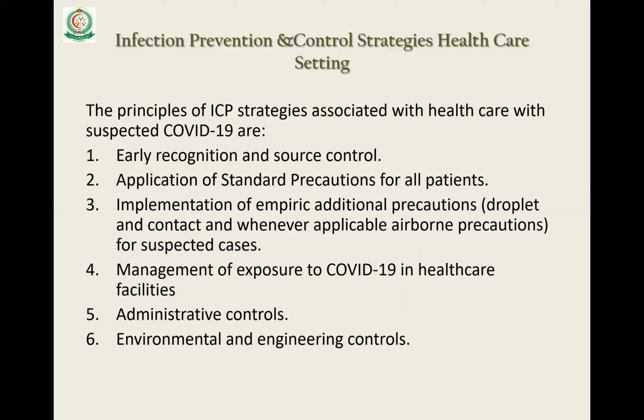I mean, early diagnosis and recognition is of paramount importance in order to control the source. Application of standard precaution for all patients, and for COVID-19 specifically, we need to apply droplet and contact precaution, and airborne only when you do aerosol generating procedure, as mentioned earlier.